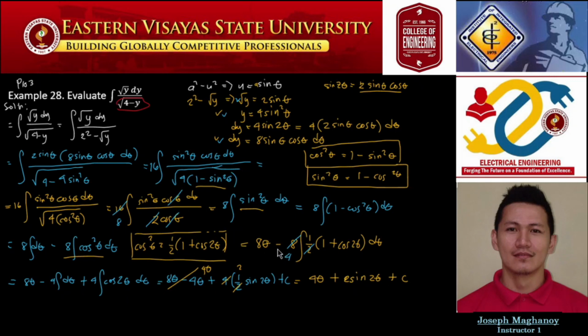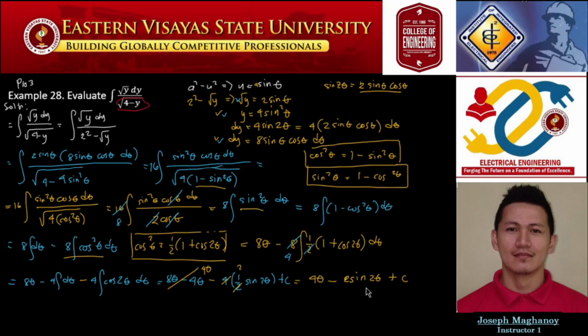We distribute the minus, so this should be a minus here. For this, it should be a minus also. Here also this should be a minus. So 4 theta minus 2 sine 2 theta plus c.